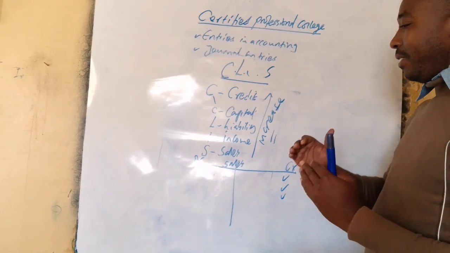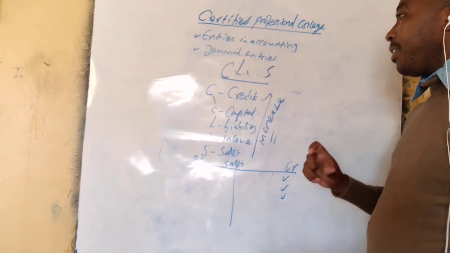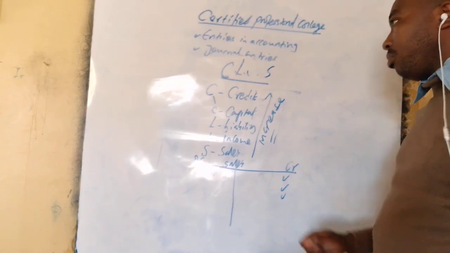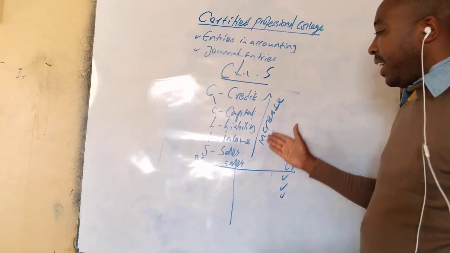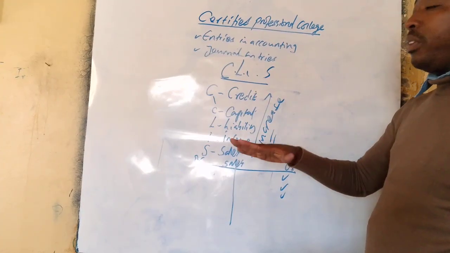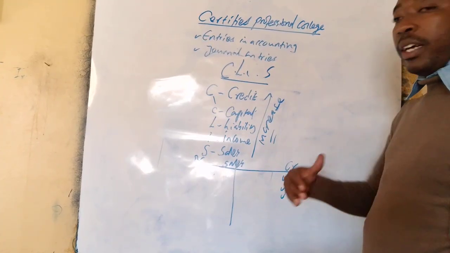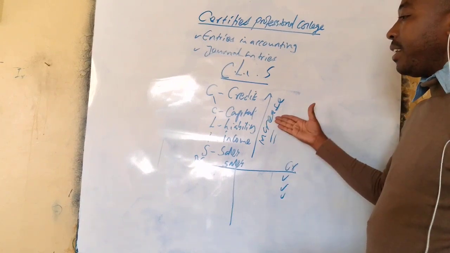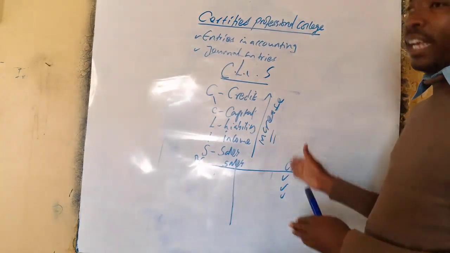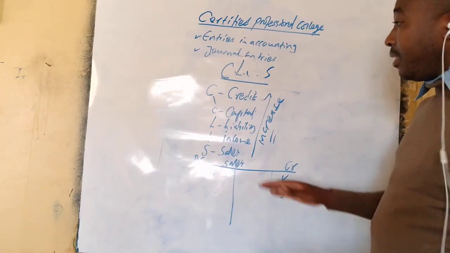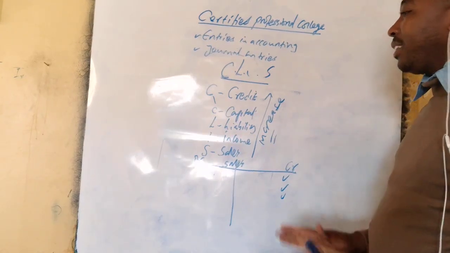So the key thing, master the treatment when they increase, because the opposite will be true. It cannot be that you are crediting when they increase and when they reduce you also credit. No. And this is what accounting entails.